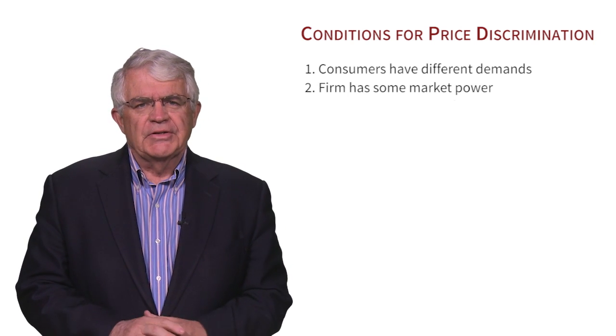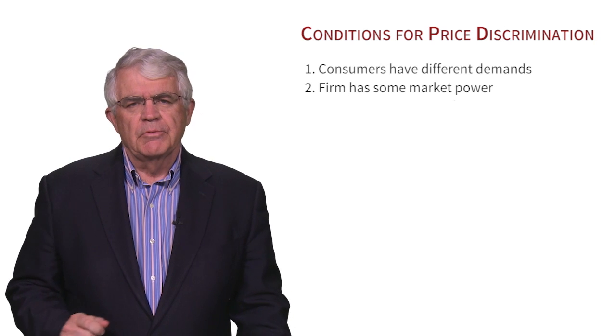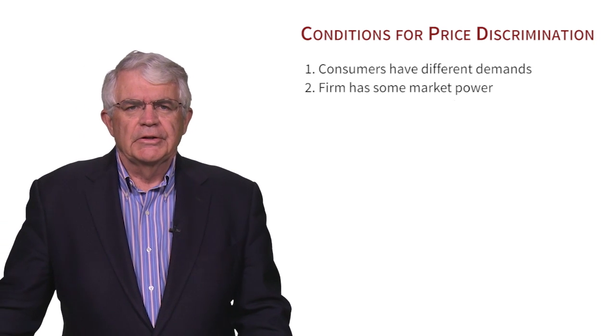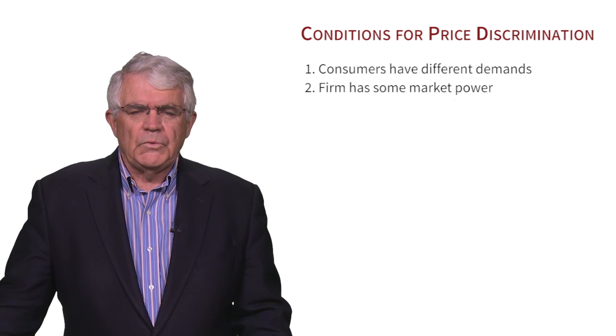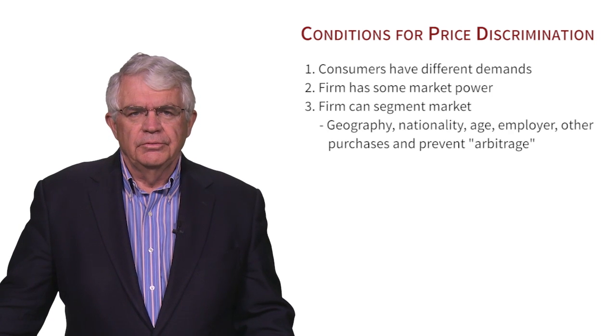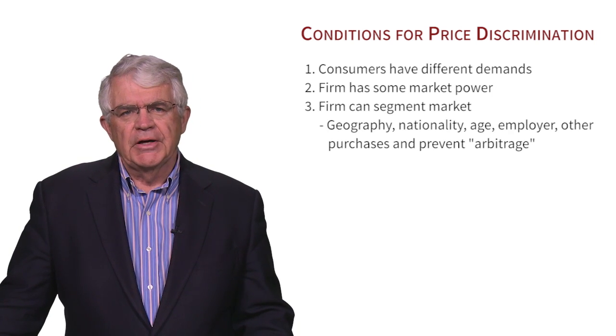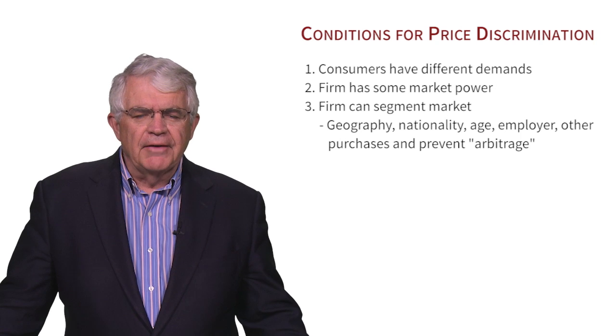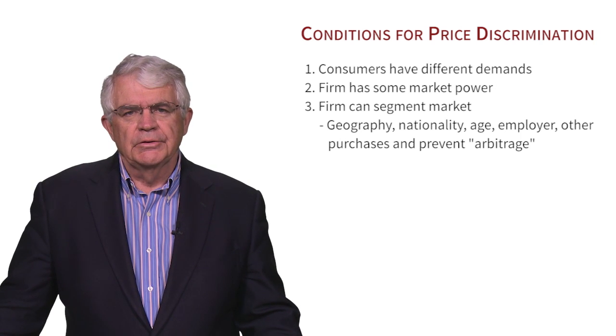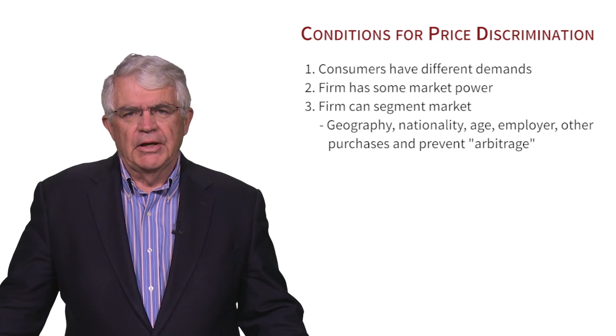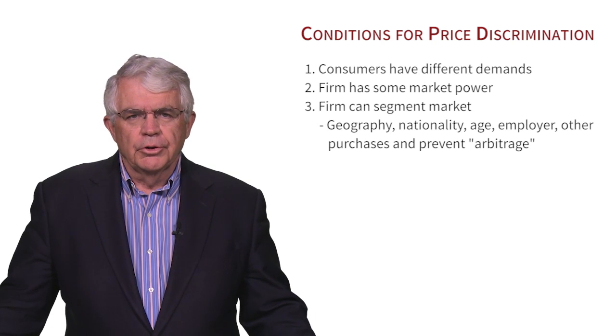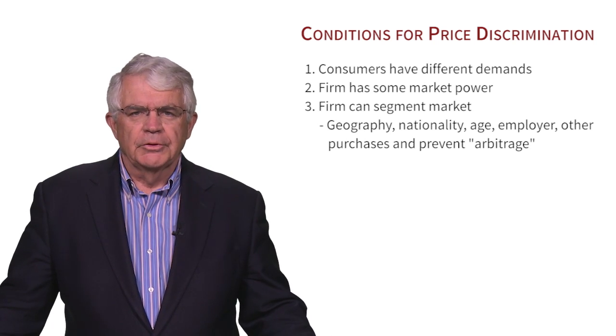The firm also has to have some market power, some ability to set the price in the market. And third, it's essential that the firm can somehow segment the market geographically, like Mexico and Japan. Same with nationality. It could be age, young people, old people. It could be where you work, whether you work for a nonprofit or a profit.